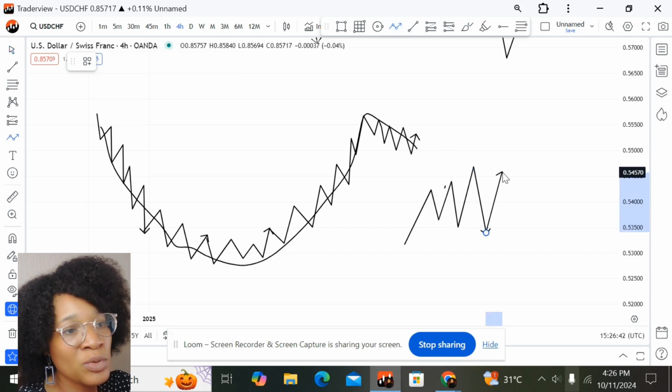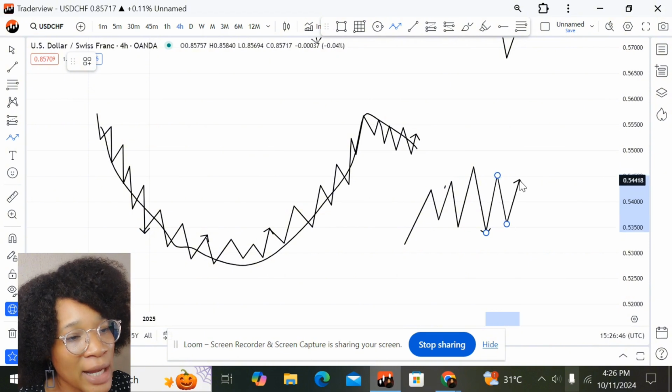Like I said, you may not necessarily find this pattern every single time on your charts, but whenever you see them, you know exactly what they're trying to tell you.